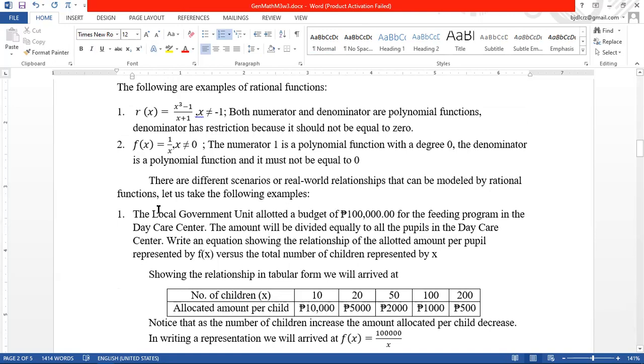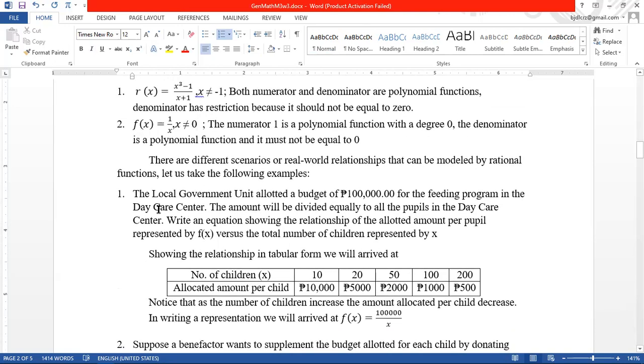Okay, first, the local government unit allotted a budget of 100,000 pesos for the feeding program in the daycare center. The amount will be divided equally to all the pupils in the daycare center. Write an equation showing the relationship of the allotted amount per pupil represented by f of x versus the total number of children represented by x.